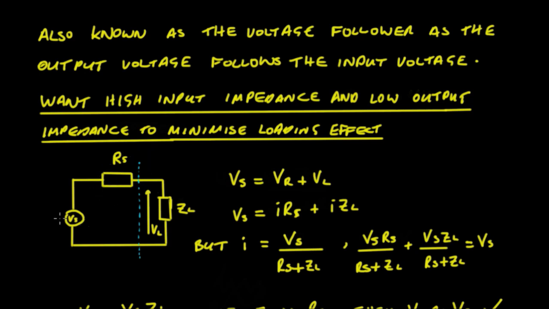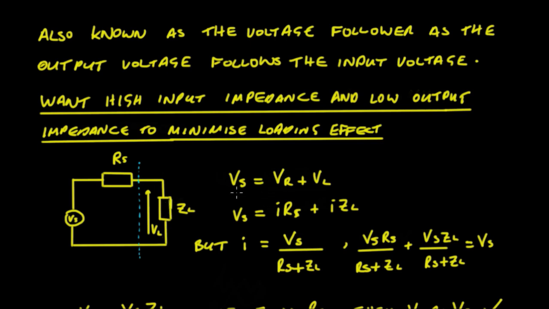So there's going to be a little volt drop across that internal resistance, and then a volt drop across ZL. What we want to do is ensure that there's a minimum volt drop across Rs and the maximum volt drop across ZL, because we want all of the signal to appear across the output, the load.